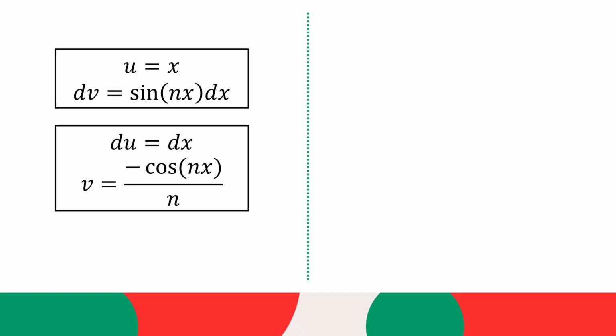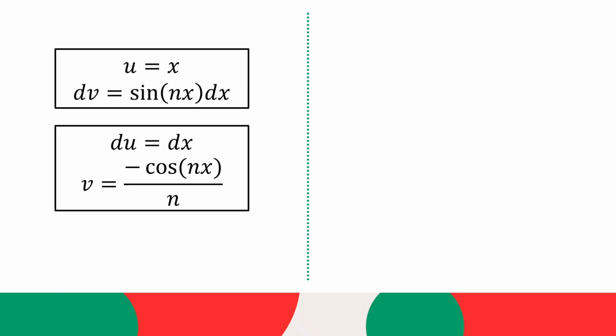Utilizing integration by parts, we let u be x and dv be sine of nx dx. If we take a derivative, we get du equal to dx, and integrating, we get v equal to negative cosine of nx over n. So we put this all together to get the coefficient bn.